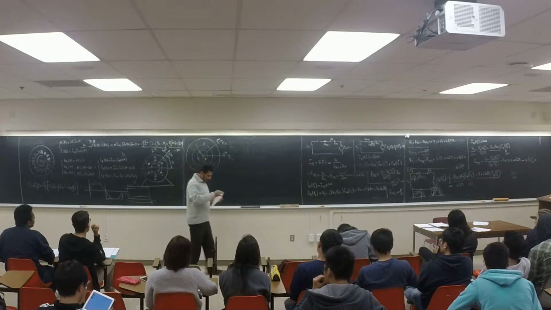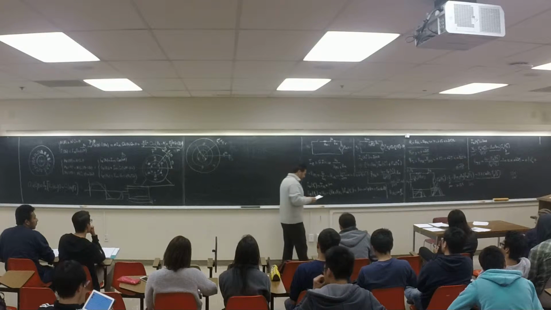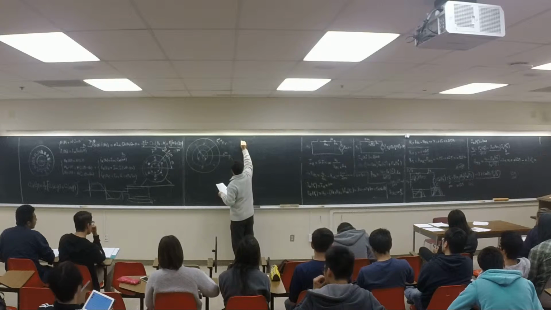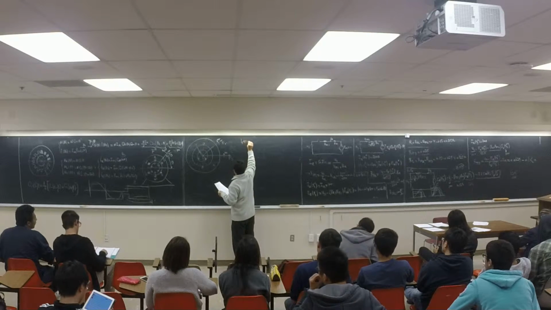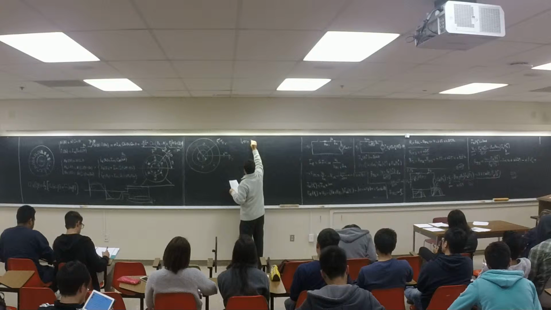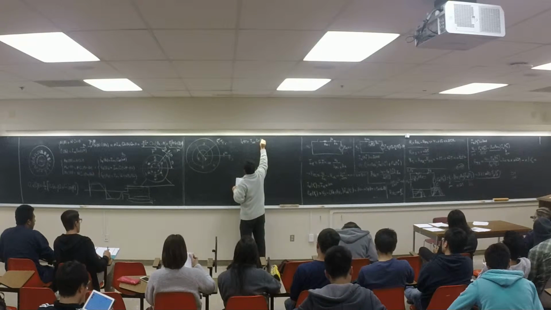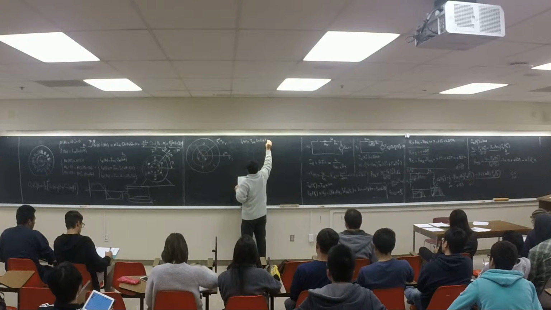So, let's say the rotor circuit, rotor is this one. The rotor current i_R(t) is I_RM, that's the maximum value, times cosine of omega_R t plus alpha.